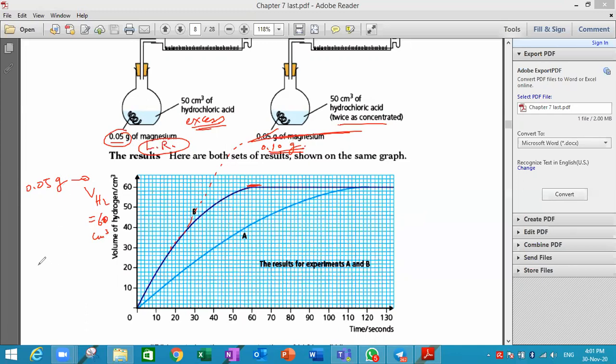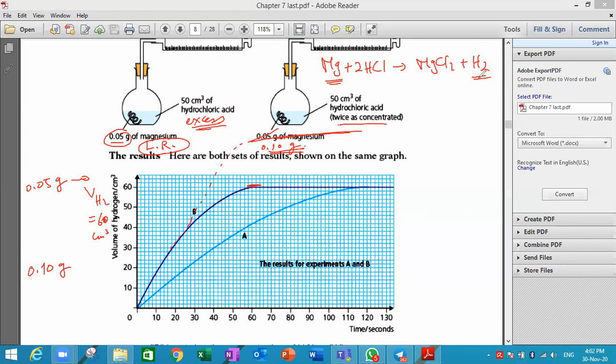But if I increase the mass of the magnesium ribbon to 0.1 gram, now more magnesium is present in the reaction vessel. Magnesium reacts with hydrochloric acid to form magnesium chloride plus hydrogen gas, isn't it? So if I increase the mass of magnesium, more hydrogen will be produced, because it's the limiting reactant.